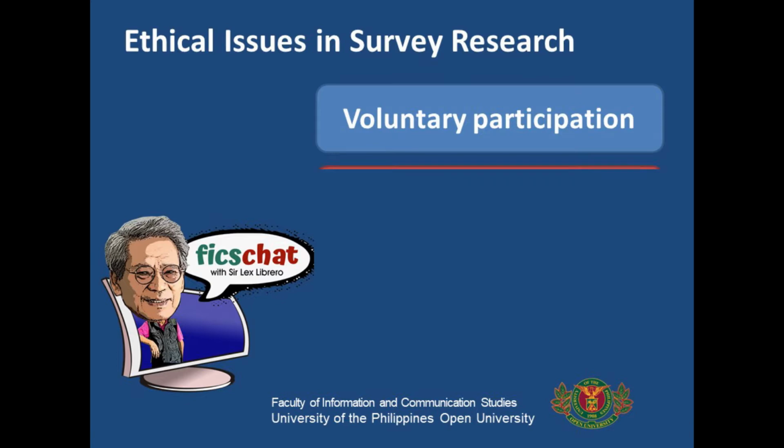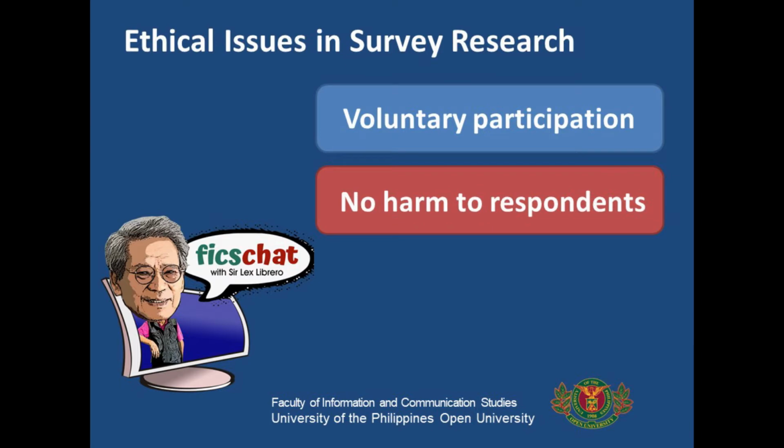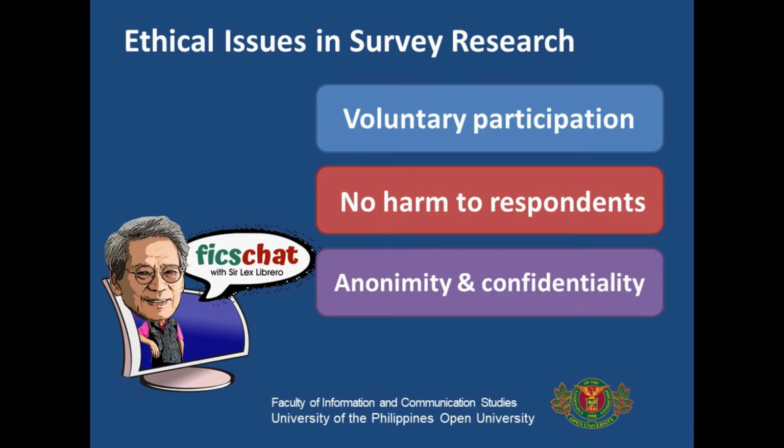The second issue is there should be no harm that will happen to the respondent, especially if he is a volunteer in the study. No harm to the respondent, especially if he has volunteered to participate. And the third is what we always refer to as anonymity and confidentiality. Any participant in the survey must be anonymous. He must not be known.